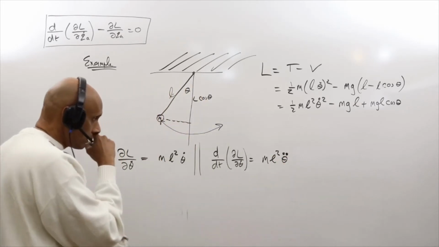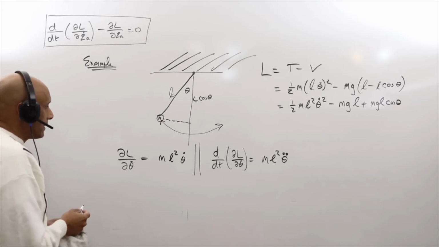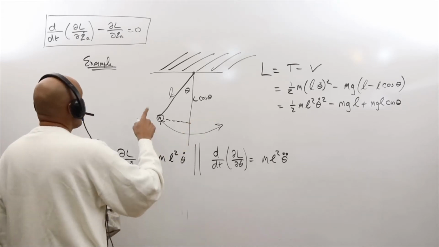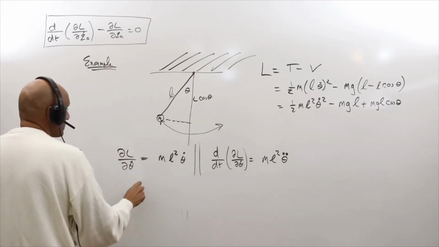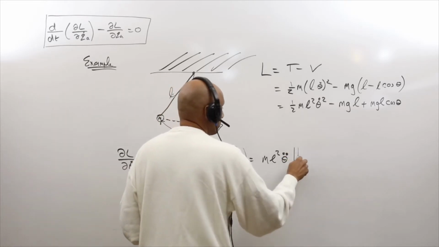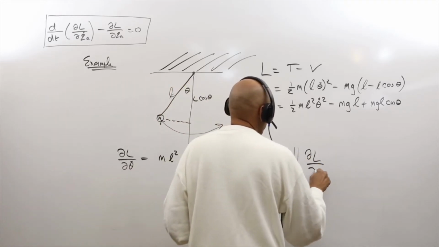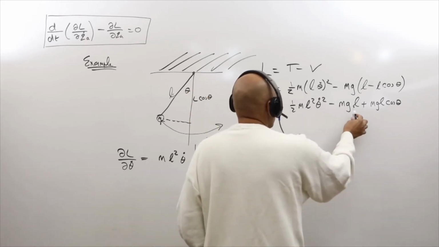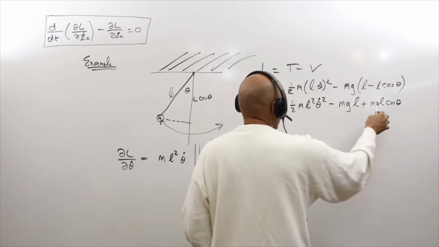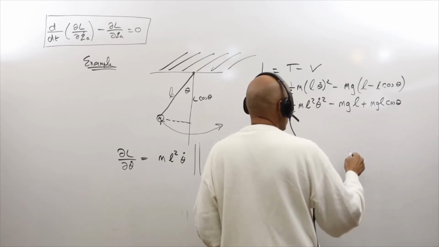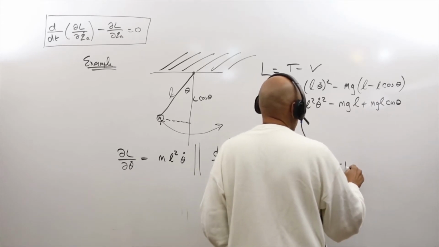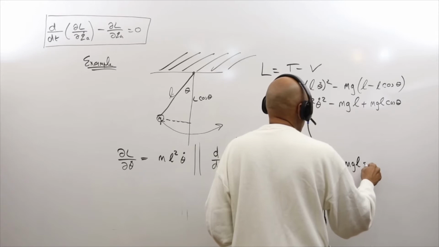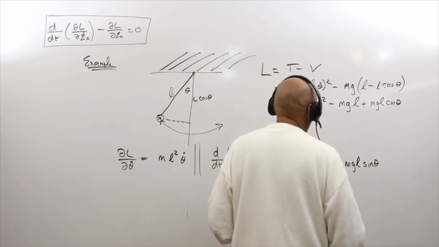So the next step is we have to calculate the partial of L with respect to theta. All these are 0, and then we have the derivative of cosine is minus sine, so we get minus m g l sine of theta.